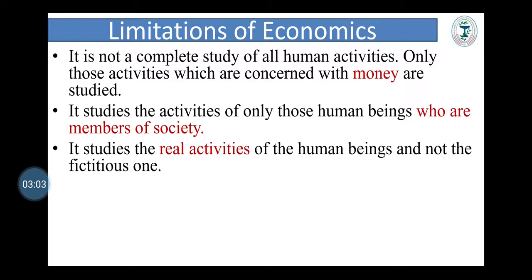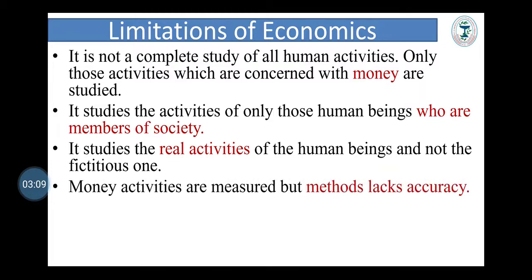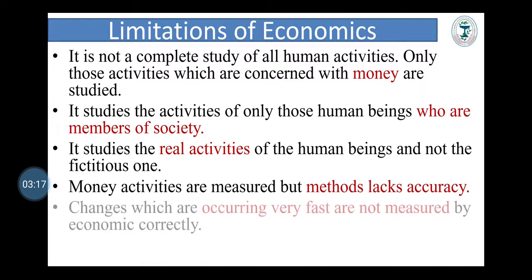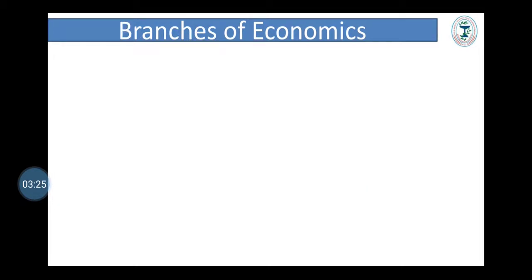It studies the real activities of human beings and not the fictitious ones. Money activities are measured, but methods of measurement lack accuracy. Changes which are occurring very fast are not measured by economics correctly.